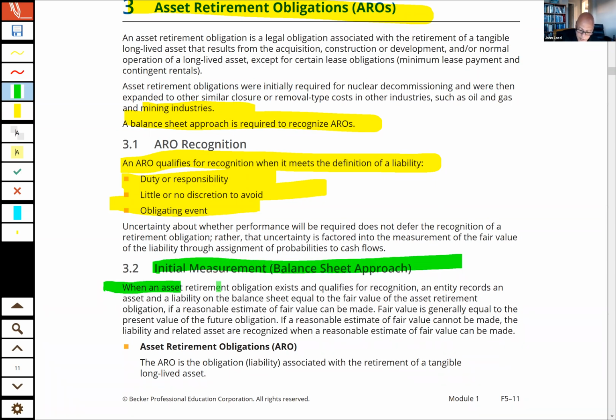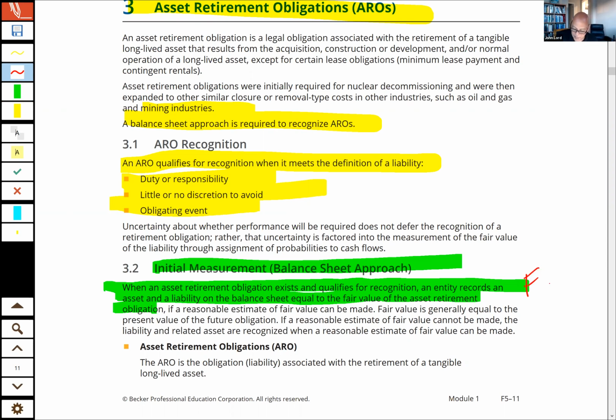When an asset retirement obligation exists that qualifies for recognition, an entity records an asset and a liability on the balance sheet equal to the fair value of the asset retirement obligation. Okay, so go ahead and flashcard that. Asset and liability get set up for the fair value of the asset retirement obligation.